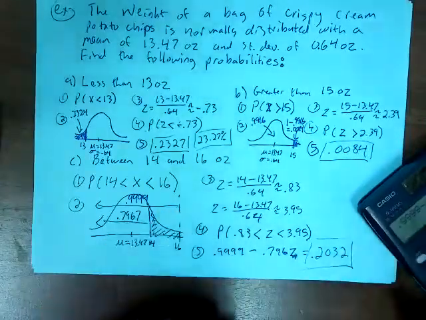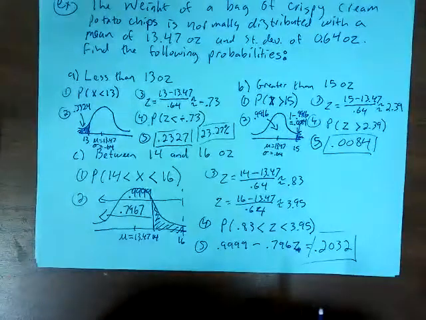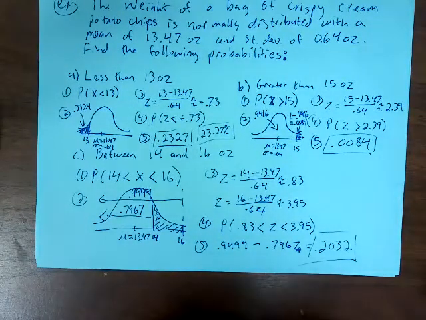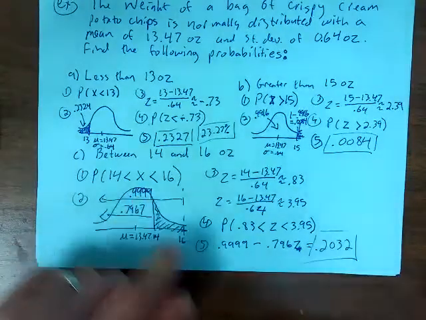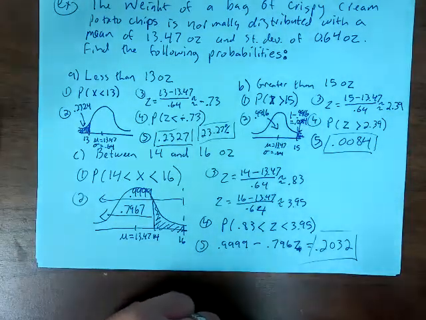And that is the area between 14 and 16, or that's the probability that a randomly selected bag will be between 14 and 16 ounces.